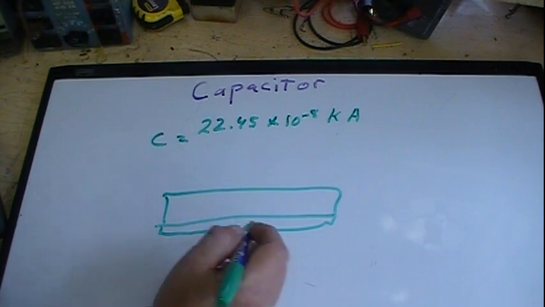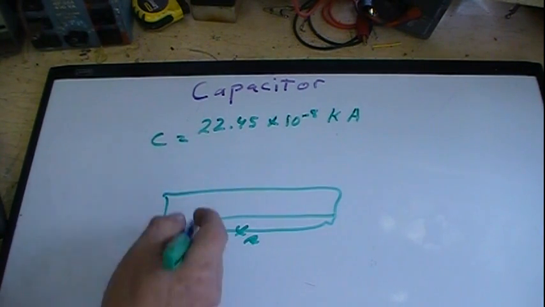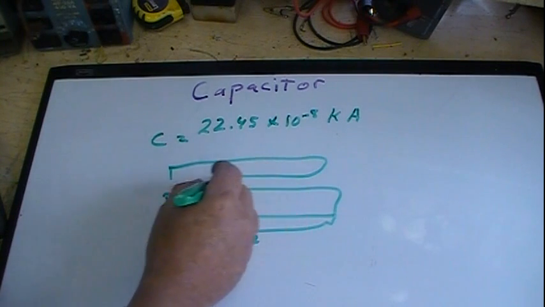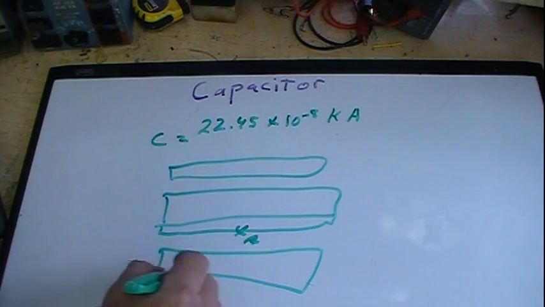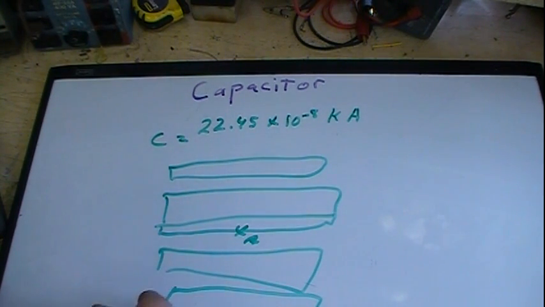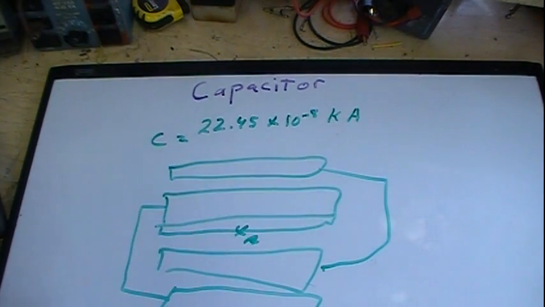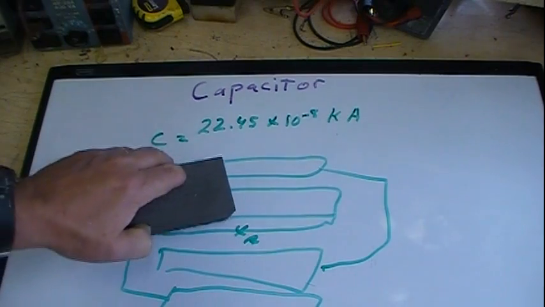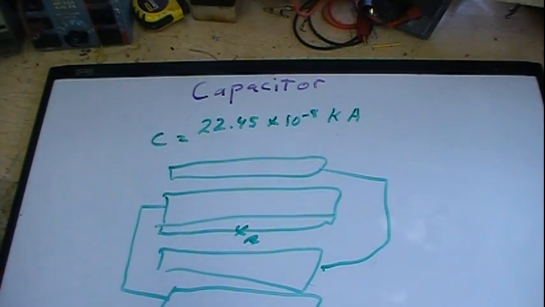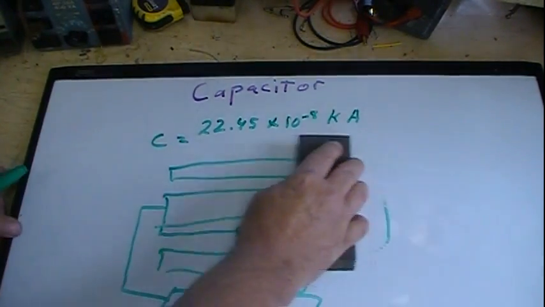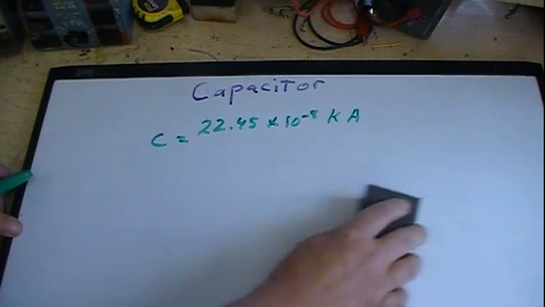Not both sides, because you can have another plate over here, and another plate over here, and these are connected together, and these are connected together. So it's just one side of one plate, in square inches.